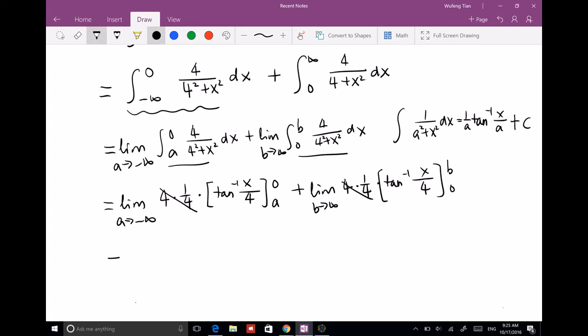You have a going to negative infinity with the upper bound 0. You plug 0 in, tangent inverse of 0, which is 0, minus, with a going to negative infinity. Can anyone tell me the tangent inverse of negative infinity?